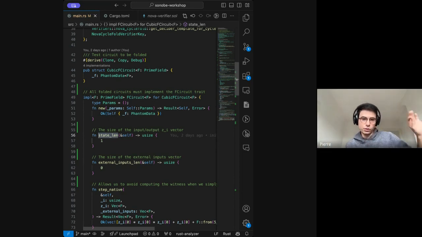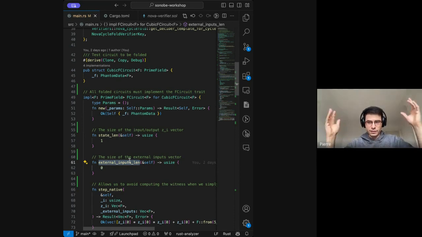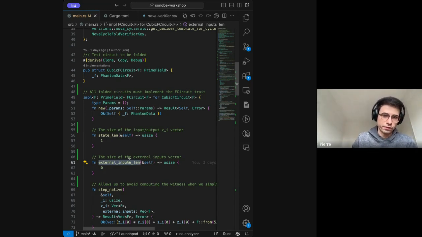So here, the length of the state will just be 1. That will be literally just one public value that will go through each of the states of the IVC. And the external inputs length regards the length of the auxiliary witness values that we are going to give to the F circuit when we are going to start to fold things up.